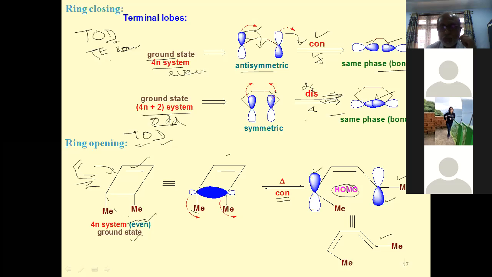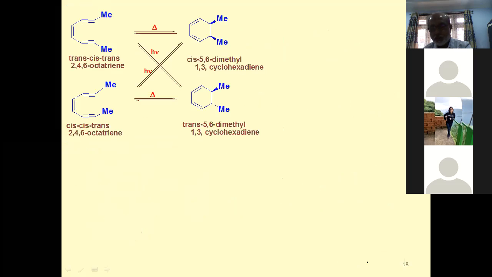So our product will be, you see this geometry. If we have these C's here, both in the same side, our product will be this one. Now we can explain this. What was very confusing earlier, now we can very easily explain.